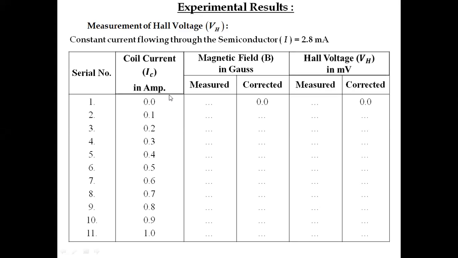The coil current, that means the current into the electromagnet, is fixed first at 0. That means there is no current passing through the electromagnet. So ideally, if you are not supplying any current into the electromagnet, the magnetic field should be 0.